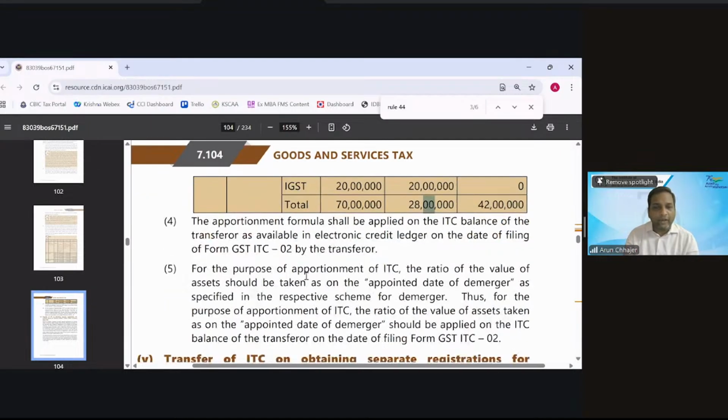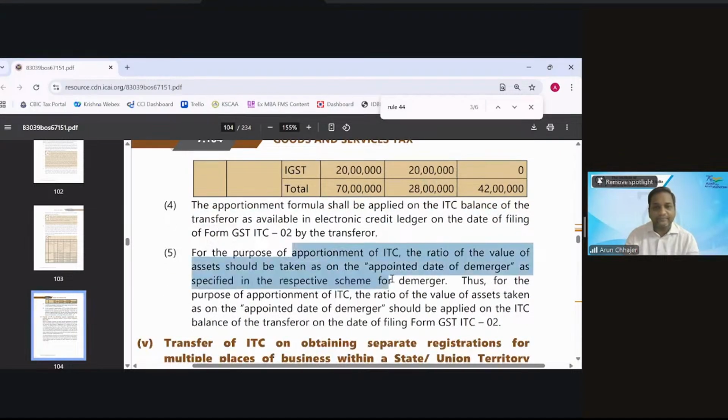For the purpose of apportionment of ITC, the ratios of value of the asset should be taken as on the appointed date of the demerger, as specified in the respective scheme for demerger. Therefore, the ratio of the value of the asset taken as on that appointed date of the demerger should be applied on the balance of the transferor on the date of the filing of ITC 02.